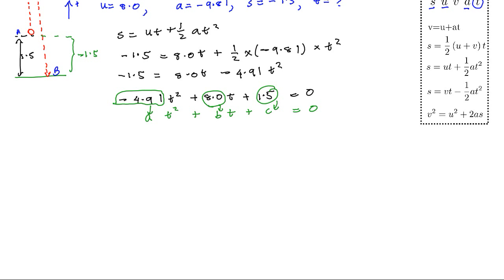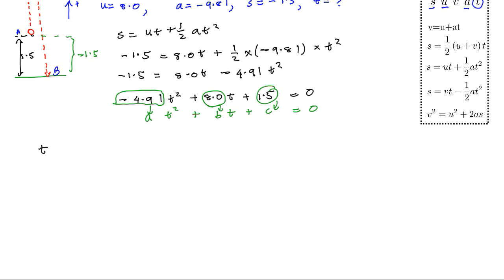Okay, so then it's a matter of solving this quadratic equation. I'm going to cheat here and use the calculator to get values for this quadratic equation. So I'll get two values. So let me enter these values into my calculator.